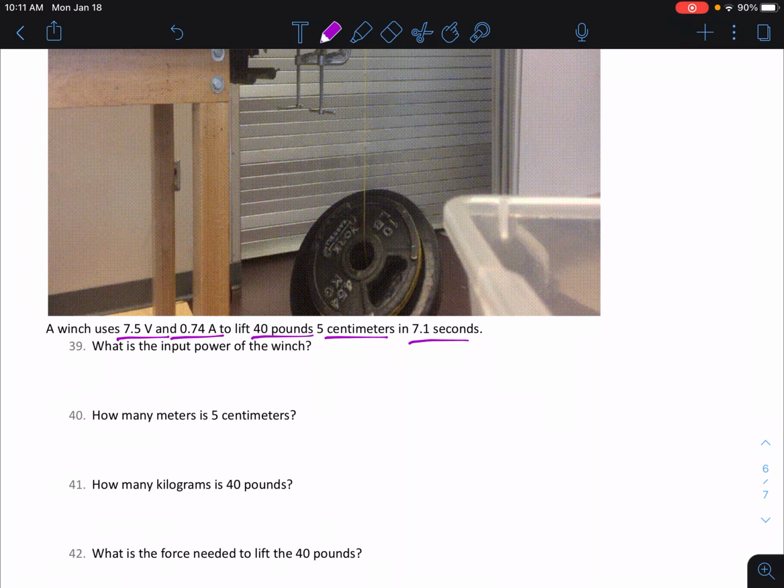Okay, so power in equals the voltage times the current.